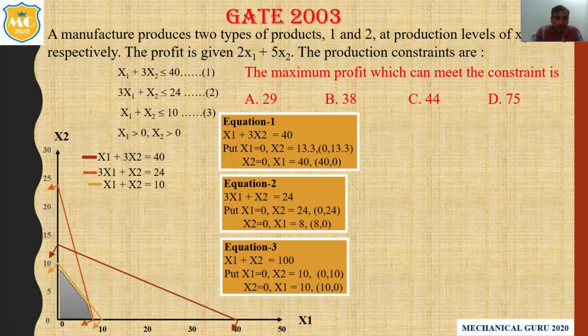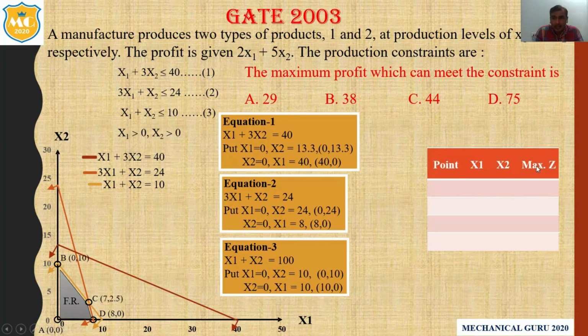Now we have to find out the coordinates. Okay, so points A, B, C and D. At point A, we get the value 0, 0 for x1, x2. At point B, x1 is 0, x2 is 10. Point C, x1 is 7, x2 is 2.5. At point D, x1 is 8 and x2 is 0.